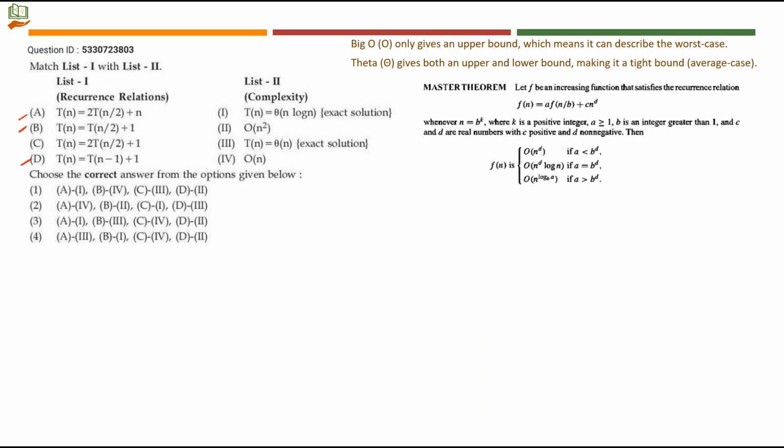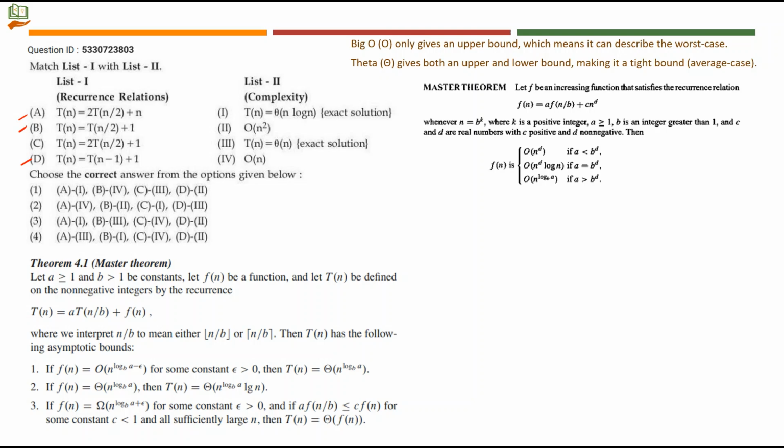Now let's take the Master's theorem that we saw previously. Here you can find the upper bound, lower bound and the average case. Now I am equating this f of n value based on this particular theorem. So f of n is equal to big O of g of n when a is less than or equal to b.